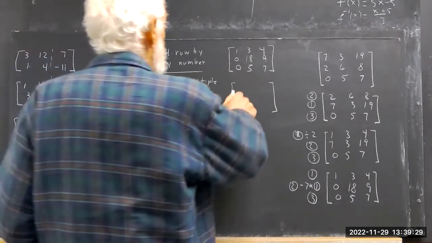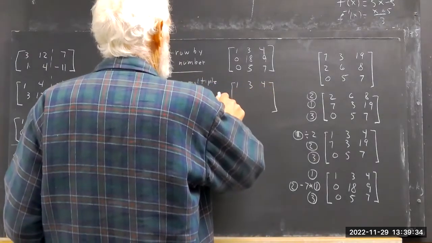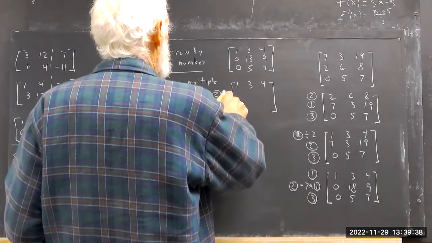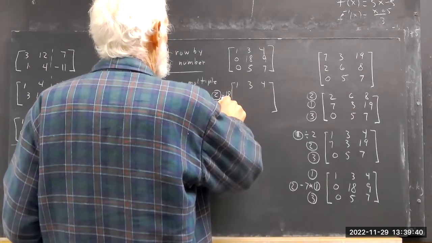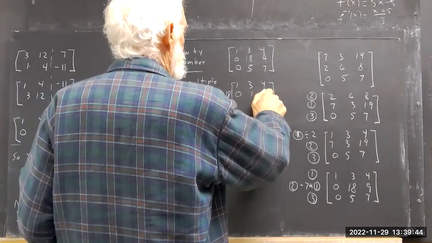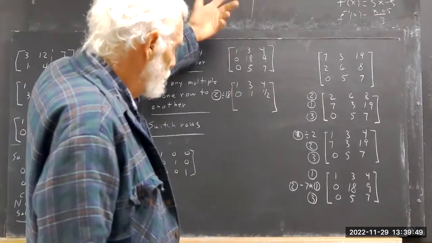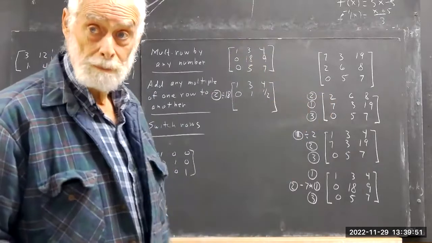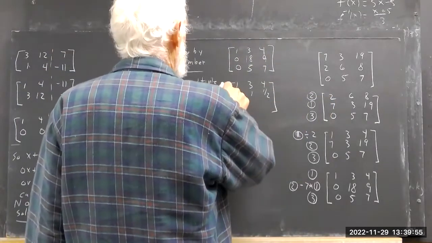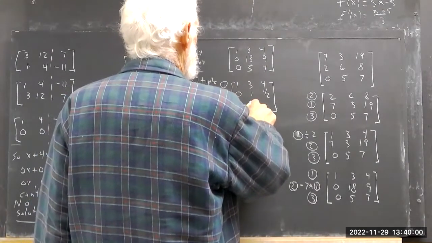Okay, so got 1, 3, 4. And then I've got row 2 divided by 18, that's 0, 1, 1/2. 18 over 18 is 1, 9 over 18 is 1/2. And my row 1 and row 3 are unchanged.